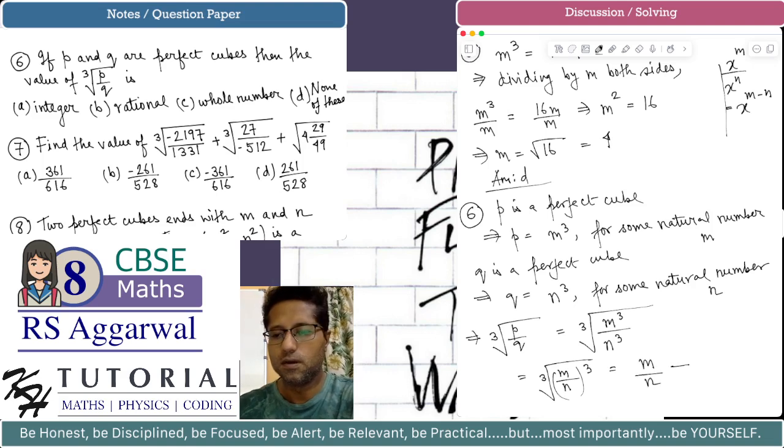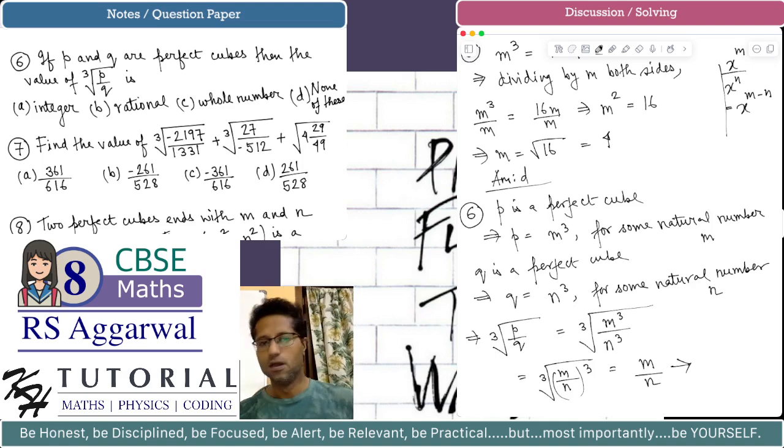Obviously we cannot say this is an integer. You cannot say for sure that m by n is an integer where m and n are natural numbers, but definitely it is a rational number.